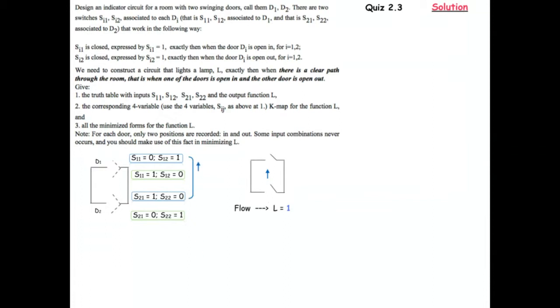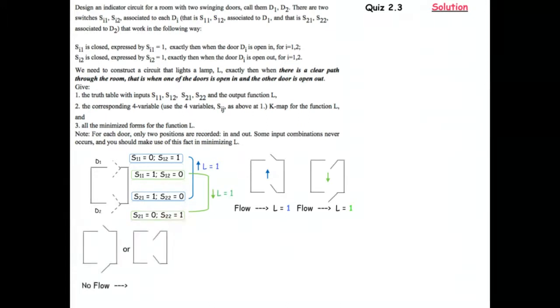Between those restrictions, we have 4 possible states for the doors. 2 of them, the green and blue, the lamp is on, and the remaining 2, no flow, lamp is off. And these are the 2 conditions in the red where the lamp is off. Any questions right now?